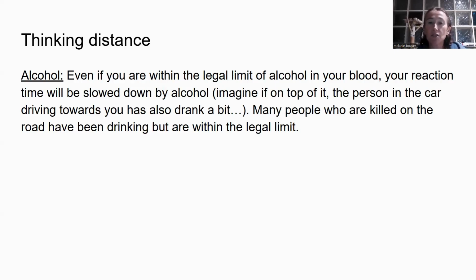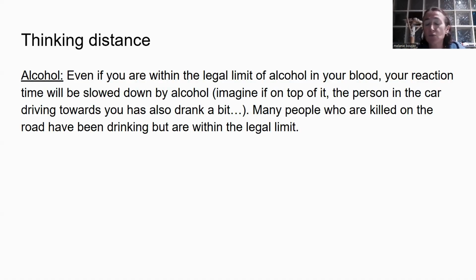Now, I always tell my students that even if you have only had a drink and you're well within the legal limit, imagine you're just slightly slow at reacting, and on the other side of the road, the person in the car opposite has also drunk a bit and is also slightly slower. It will have a big impact on the likelihood of having an accident.